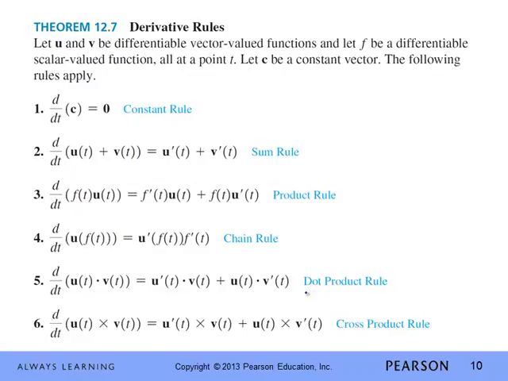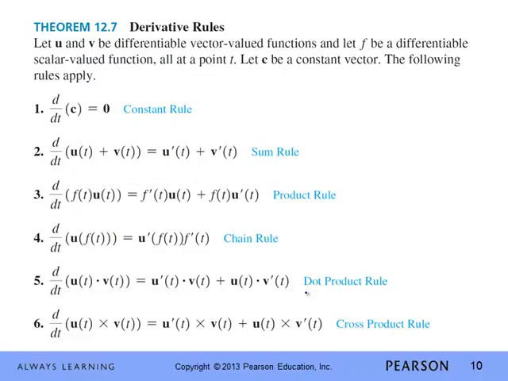Does that make sense? Because remember, for a constant vector, each component is a constant. So when you take the derivative of each of those constant components, you'll get 0 for each of the components. So you have a zero vector as the derivative of a constant vector.